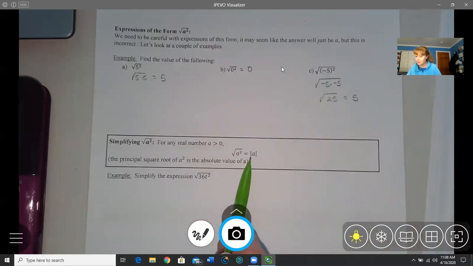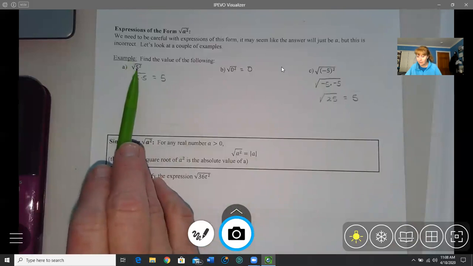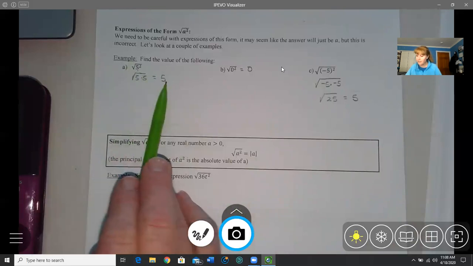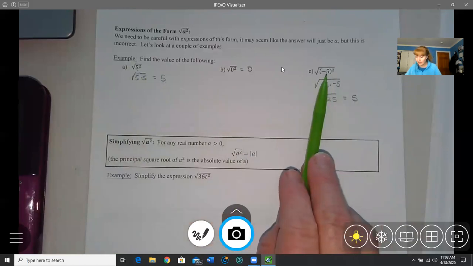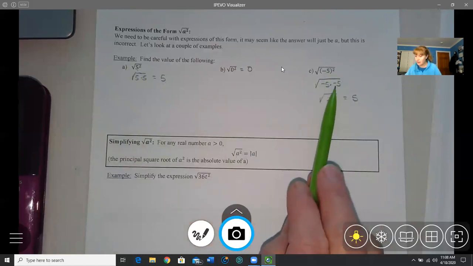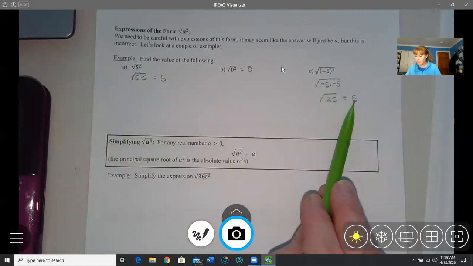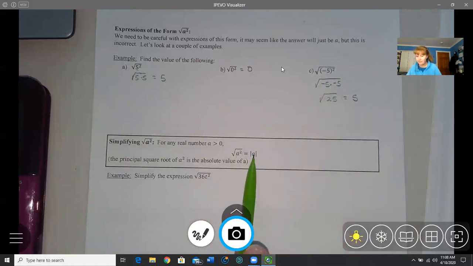So this is equal to a positive a. Whether you put in a positive 5 and square it, its principal square root is 5. If you put a negative 5 in and square it, you get a positive 25, so you come up with 5. So you get a positive 5 either way.